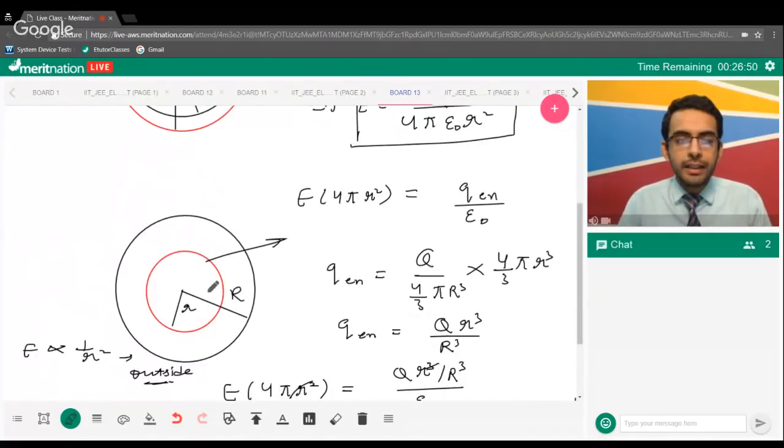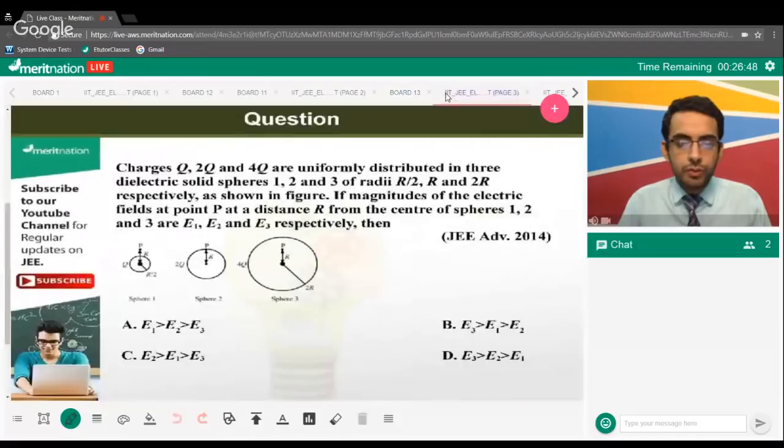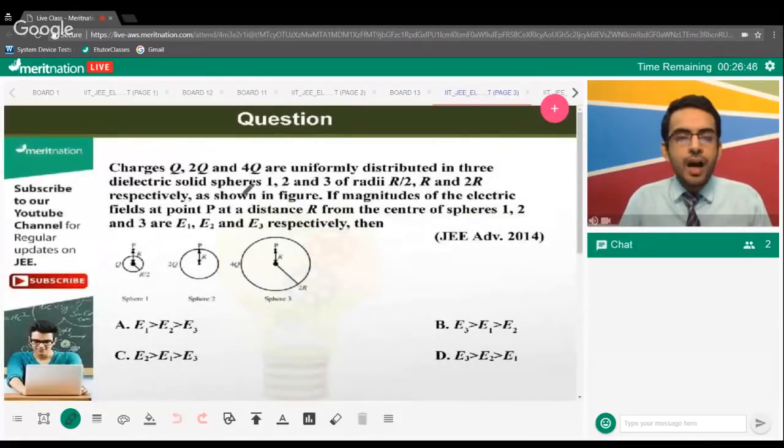Now next thing, let's see some questions over it. Charges capital Q, 2Q and 4Q are uniformly distributed in 3 dielectric solid spheres, 1, 2 and 3, and their radii are r by 2, capital R and 2r.